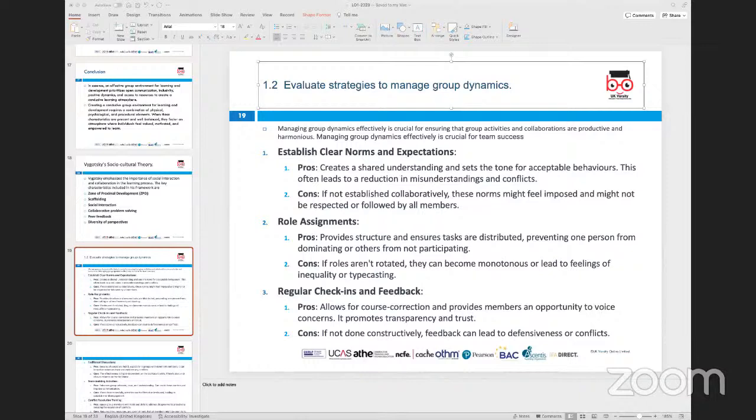Now, one of the things we will look at in understanding dynamics is relevance theory, which was proposed by Sperber and Wilson. This theory is guided by the principle of relevance. That means the speaker's aim is to convey information that is both new and relevant to the listener.